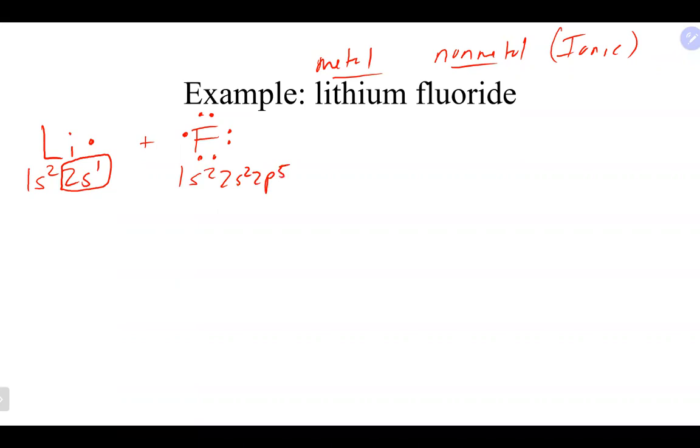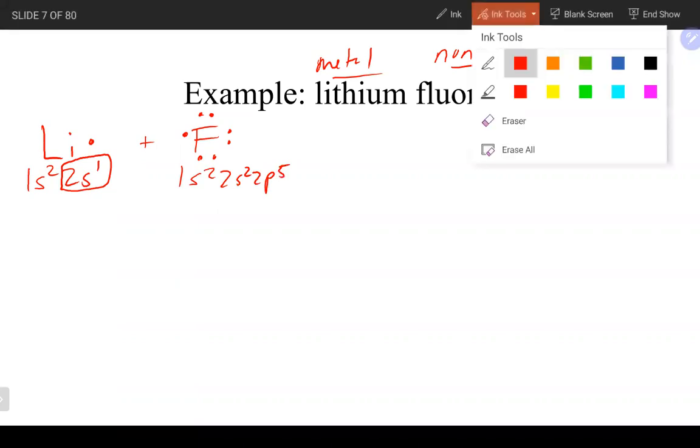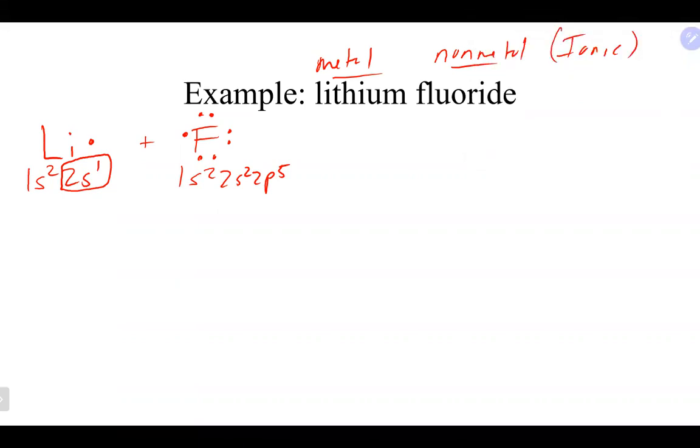Now, what's going to happen in this case is, because lithium is a metal, and based on all those periodic trends we talked about, it's going to say, you can take my electron, no problem. And the fluorine, with all its periodic trends, is going to say, thank you very much, I'm going to take your electron. That is the actual conversation.